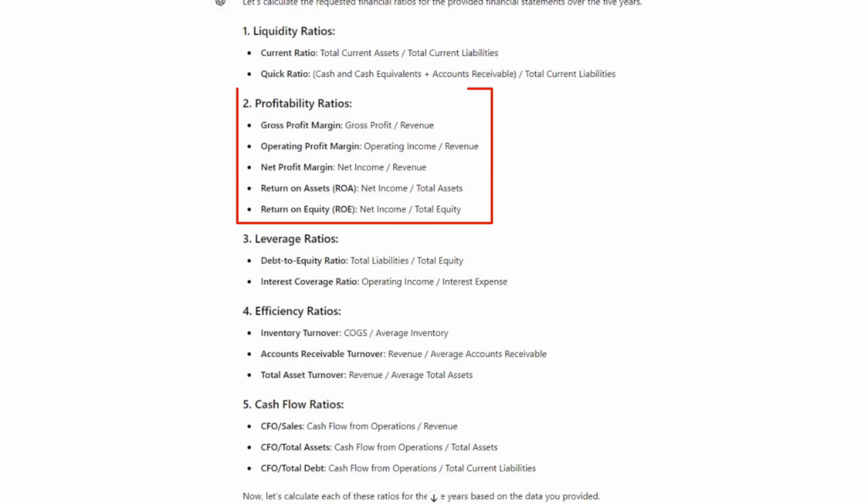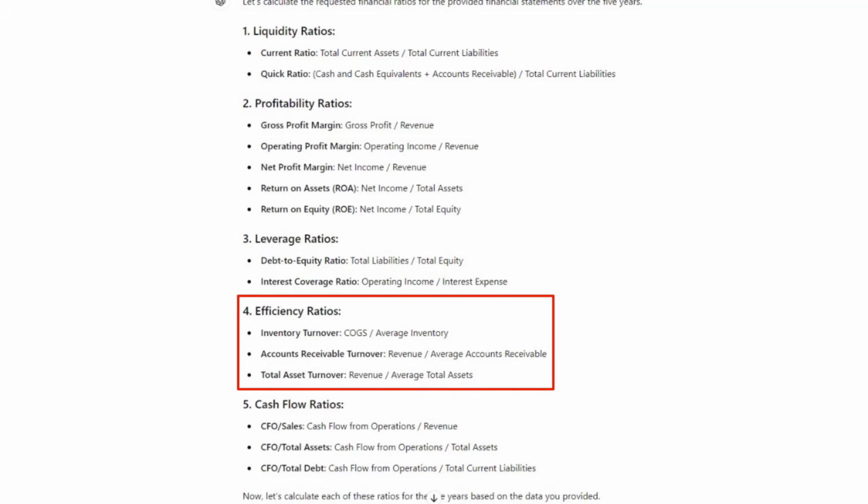For the profitability ratios, including gross profit margin, operating profit margin, and net profit margin, these will help assess the company's efficiency at generating profit. The debt to equity and the interest coverage leverage ratios will indicate the level of a company's financial leverage and its ability to cover interest expenses.